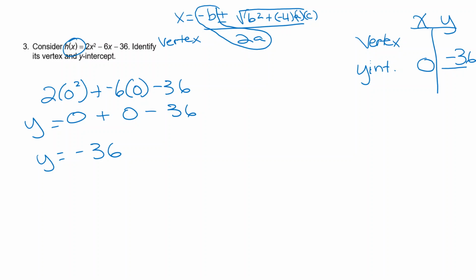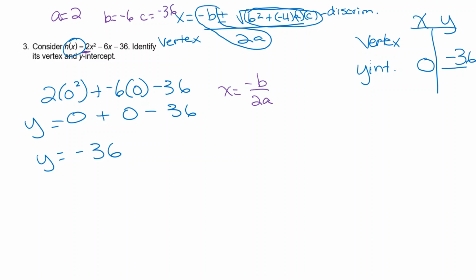And this other part, the b squared minus 4ac, that's going to be my discriminant, and I don't need to worry about that right now, but I do want to pay attention to this -b over 2a. That's the x part. That's going to tell me my vertex. So I see that a in this problem equals 2, b equals -6, and c equals -36.